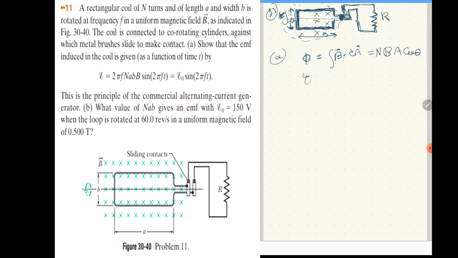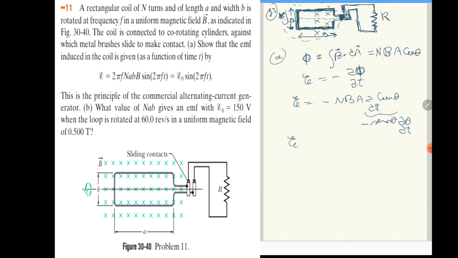So the only thing you have to do now is derive this relative to the time, because that's the definition, actually. Maybe not exactly a definition, but you can call that the definition of the electromotive force. So you derive, with a minus here, the cosine of theta relative to the time, and as you know, it's minus the sine of that angle times the derivative of that angle relative to the time.